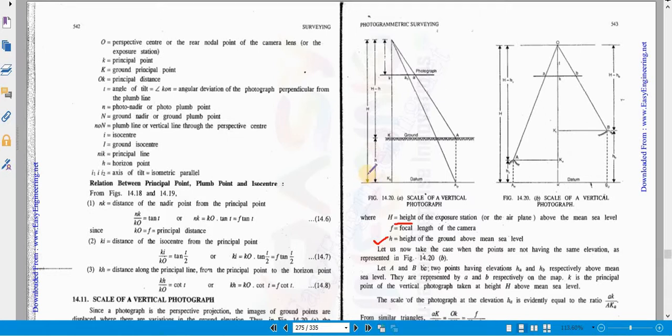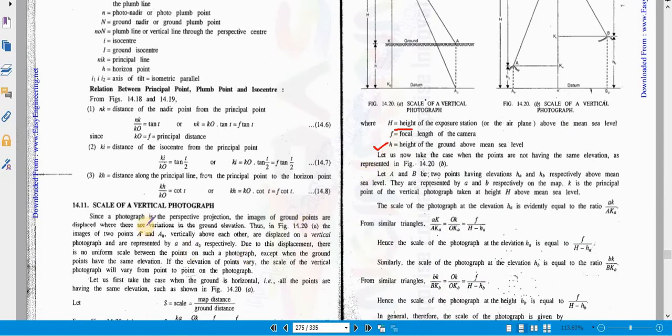Again, the scale of a vertical photograph. Why is it important? Because in photogrammetric surveying you take photographs, and with the help of photographs you try to determine the distance or the elevation of different points on the ground. So you need to find the scale of the photograph, and according to that convert it into actual ground measurement and actual ground elevation.